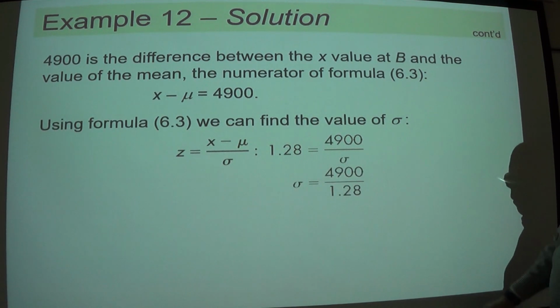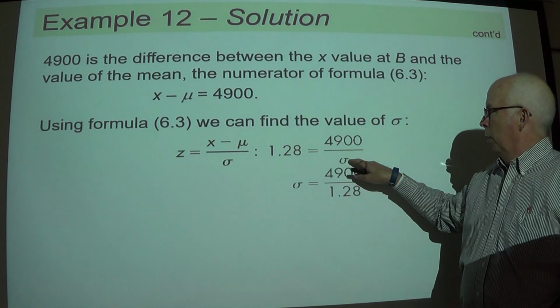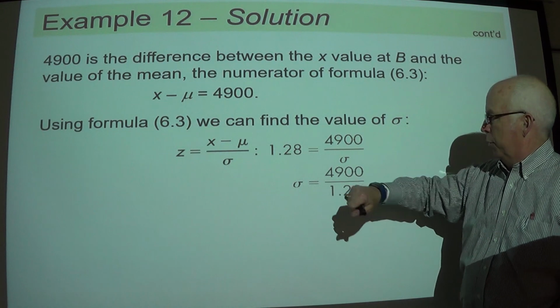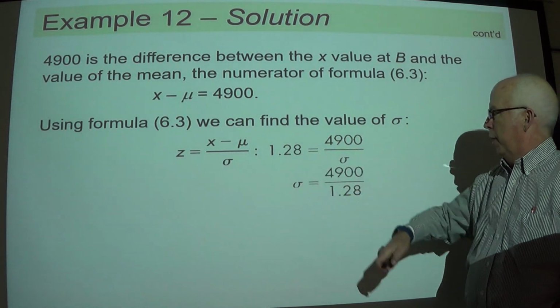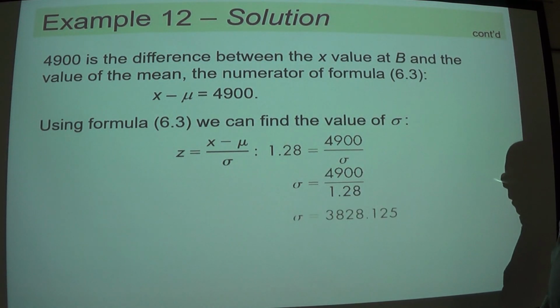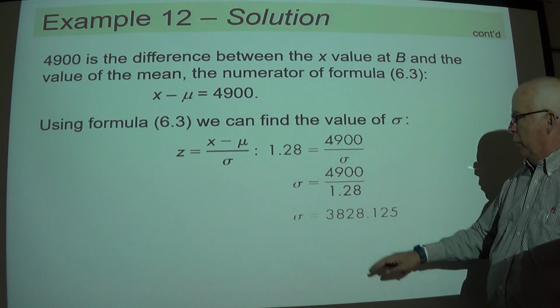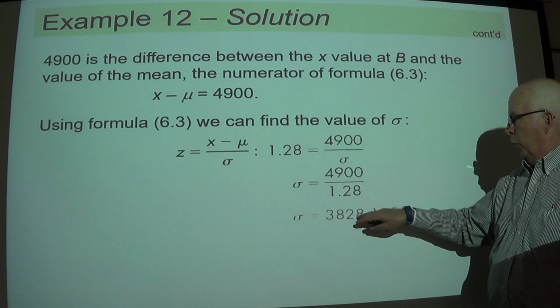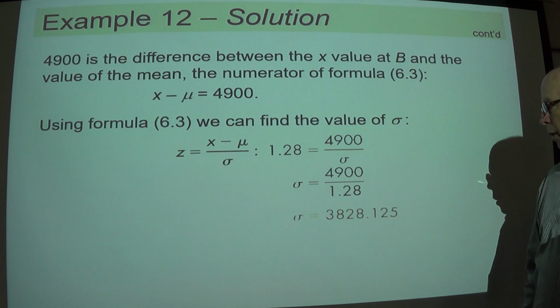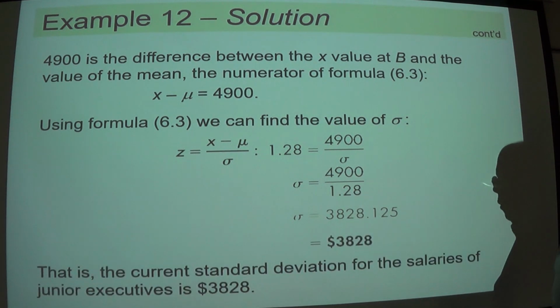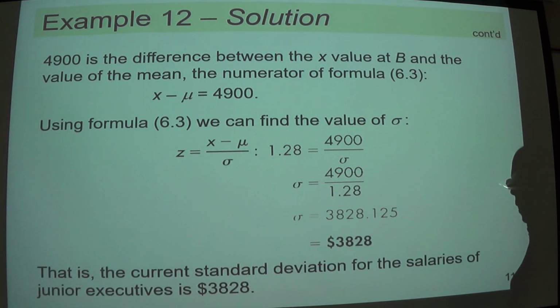So if we do the math, all we do is we multiply both sides by the symbol, and we divide both sides by 1.28, and we end up with the standard deviation being $3,828.12. All right. So that is the current standard deviation of the salaries of the junior executives.